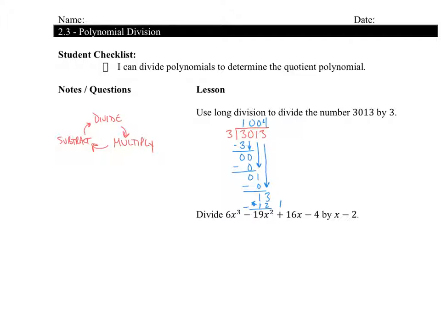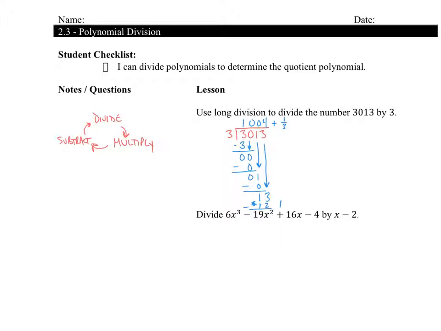What you want to do is think about this 1 as being a 1/3, because we're trying to divide this by 3. And we're done with all the terms that we had here. So this is a remainder, but the way that we want to view it is as 1004 plus we have a 1/3 left over. 1, because that was our remainder, divided by 3, because that's what we've been dividing everything by.